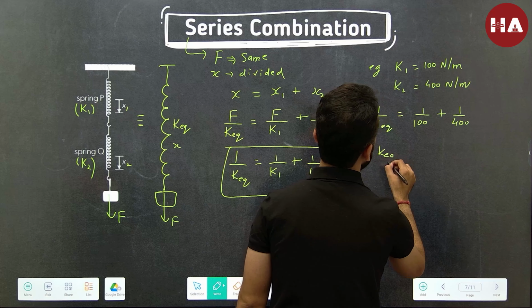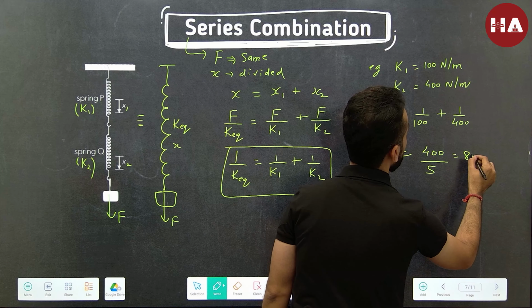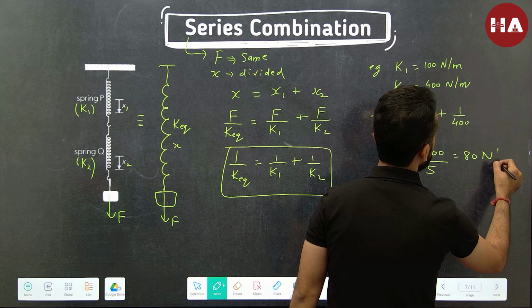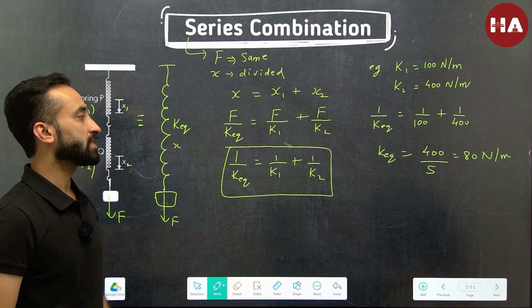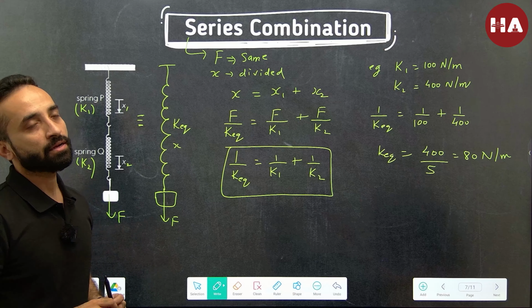So K equivalent in that case is going to be 400 over 5, so 4 plus 1, and that is going to be 80 Newton per meter, isn't it? That is the equivalent spring constant.